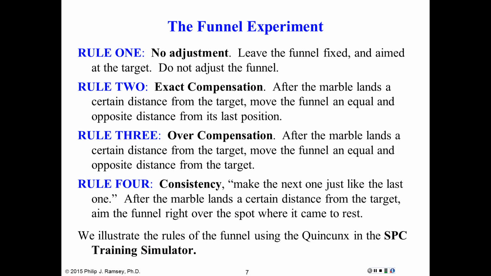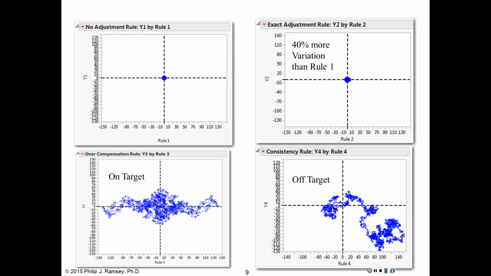The problem is there's no simple way to fix it. You've wandered all over the place making adjustments. There's no way to know how to go back to where you started. Okay, so I'm going to show a simulation, and this is a little JMP program. You actually have it. And I'm going to show you the strategies.